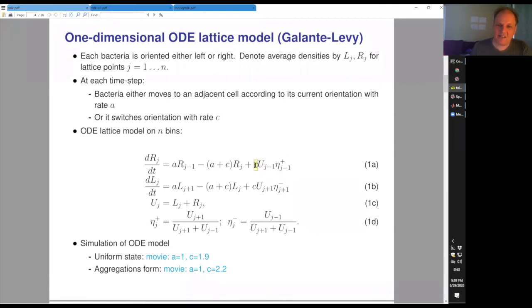Okay, so what is this? With some rate C, they switch orientation. When they switch orientation, what they do is the following.